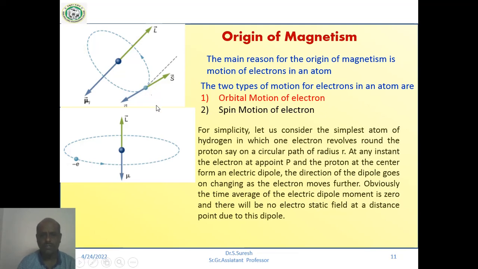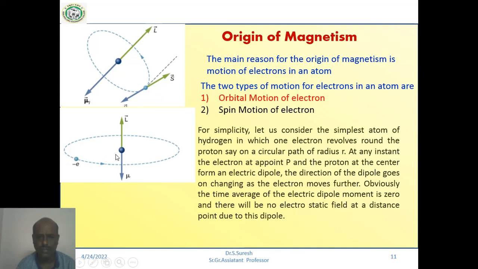For understanding this, let us consider the simplest atom, hydrogen, in which one electron is revolving around the proton on a circular path of radius r. At any instant, the electron at a point P and the proton at the center form an electric dipole. The positive nucleus has a positive charge and the electron has a negative charge.